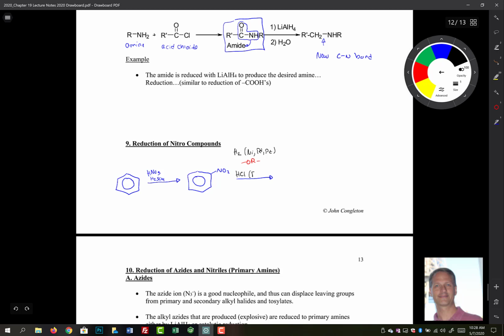So you see iron here, zinc, or tin. So I think students typically like to use this, HCl and zinc, because it's reminiscent of Clemmensen reduction.